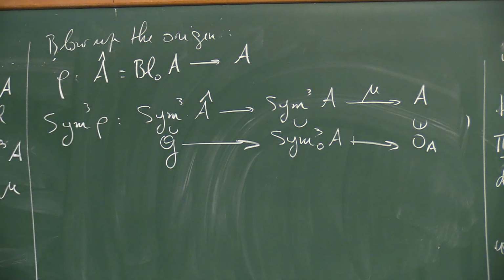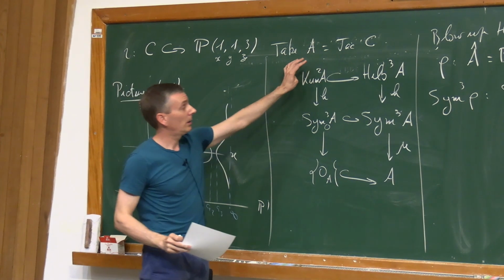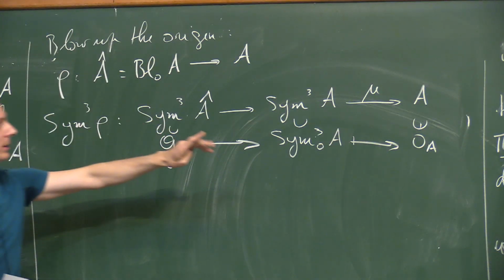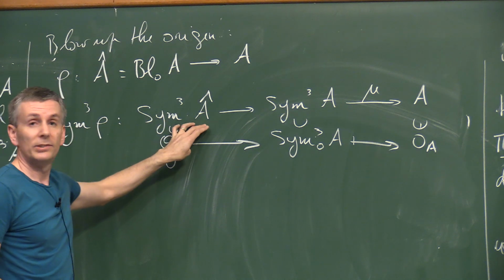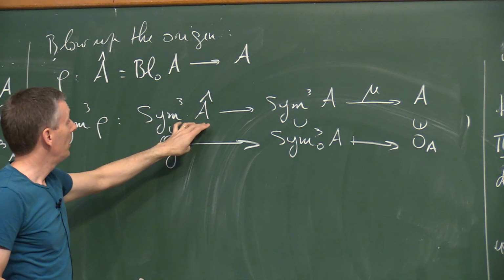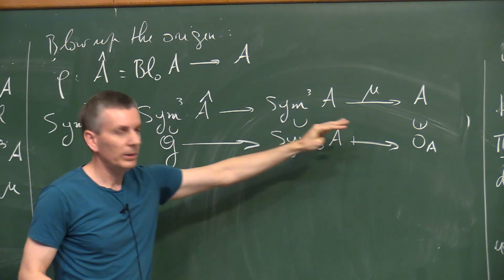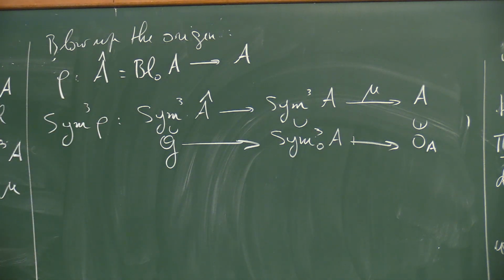So G parameterizes triples of points on the blow-up of A whose sum is 0, but it's not a sum computed here inside, because it's not a group anymore. It is a sum computed once we blow down the exceptional divisor.